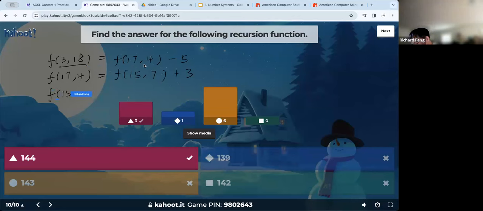So f of 15 comma 17 is f of 13 comma 10 plus 3. These problems are usually sort of tedious. F of 11 comma 13 plus 3.